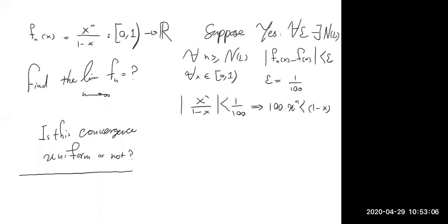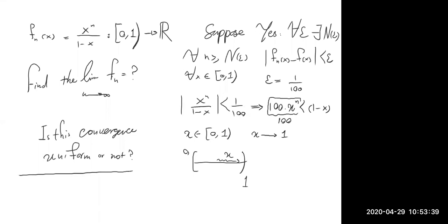But as you mentioned, now this is supposed to be correct for any x in this interval. So we can choose a number x which is very close to 1. So choose numbers x which are getting closer and closer to 1. The left-hand side would converge to 100 times a number very close to 1 to the n, so it's getting closer and closer to 100 times 1.